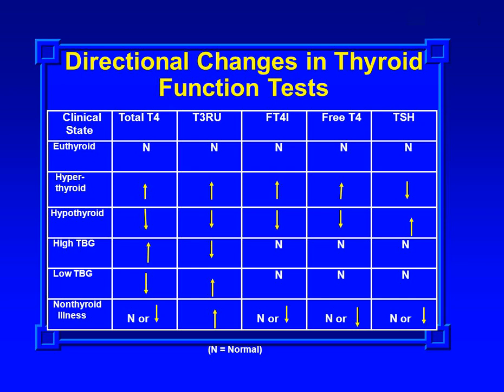Directional changes in thyroid function tests. Clinical state: total T4, T3RU, FT4I, free T4, TSH. Euthyroid, normal. Hyperthyroid. Hypothyroid. High TBG, normal. Low TBG, normal.